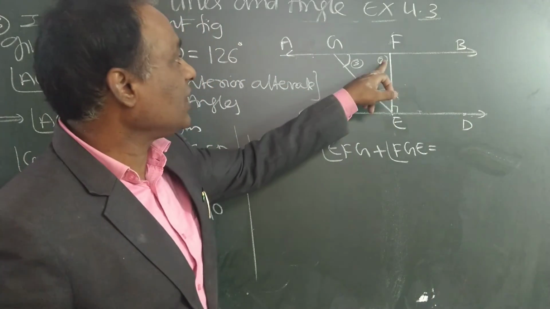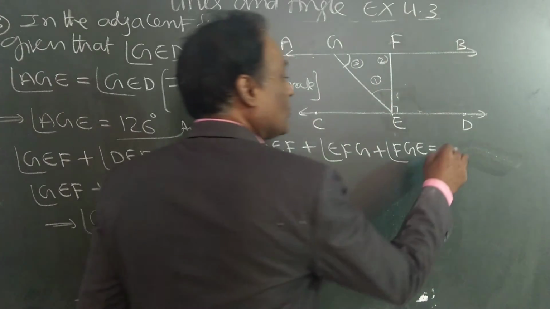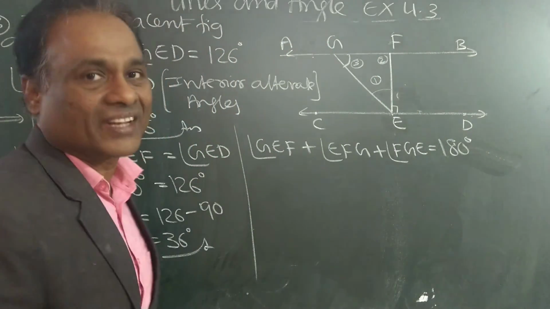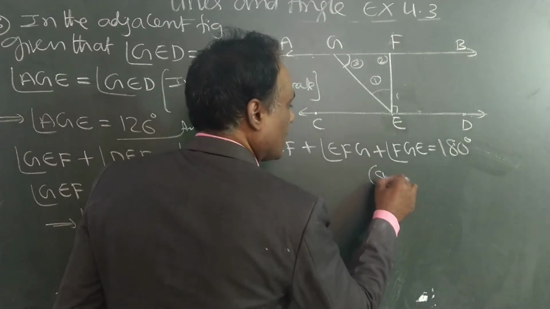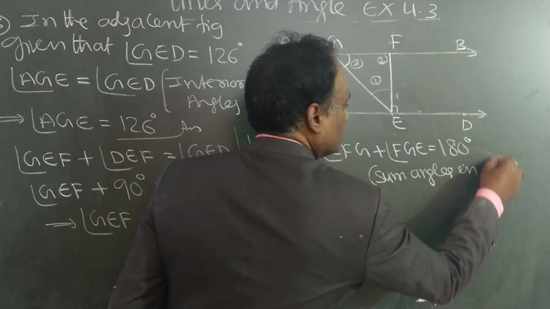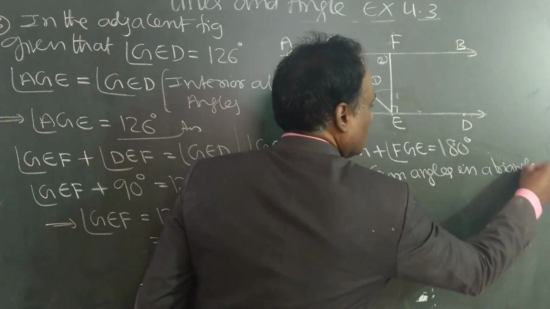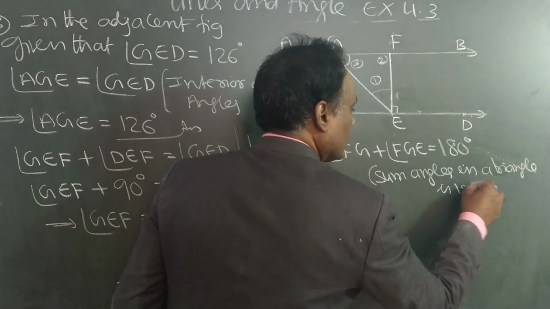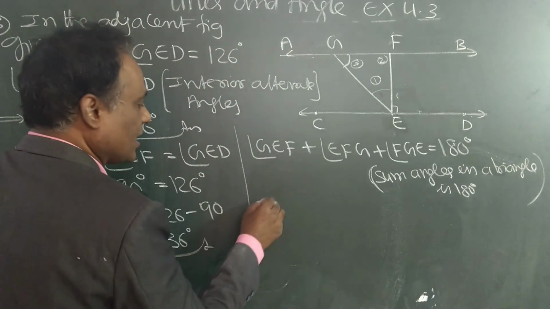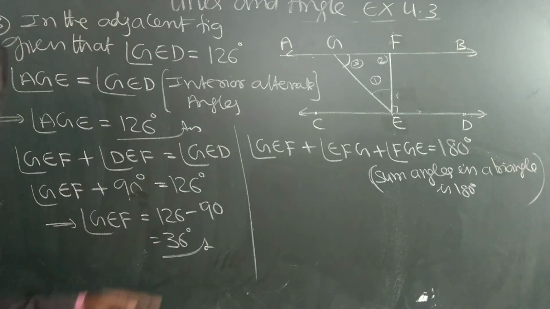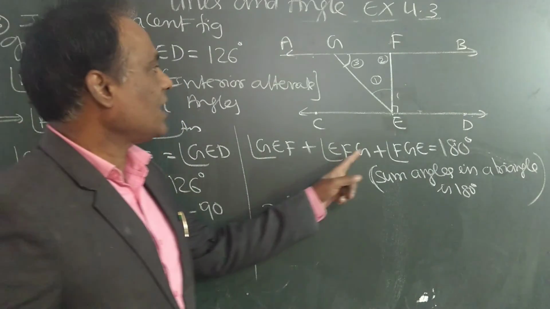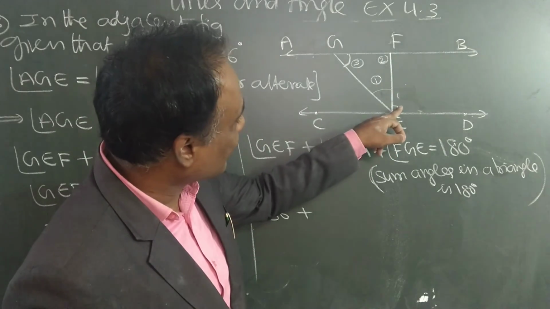This angle plus this angle plus this angle is equal to 180 degrees, because it is a triangle. The sum of angles in a triangle is 180 degrees. So GEF, just now we got, is 36, plus EFG is 90.